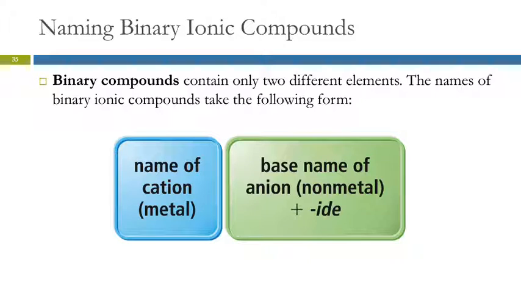A binary ionic compound just has 2 different elements. So we're starting with the simplest ones. To name these, you name the metal, the cation first, and then you give the name of the anion. Why do we do it this way? Because we decided to do it this way. If you address a formal wedding invitation to your aunt and uncle, you're going to write Mr. and Mrs. Why?